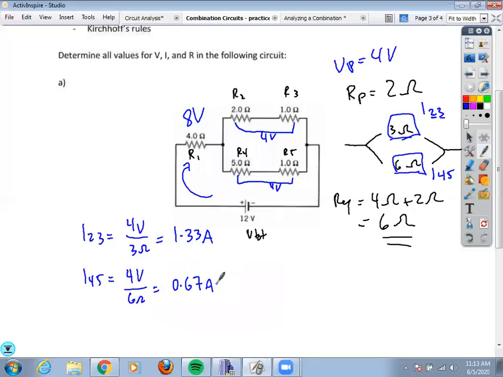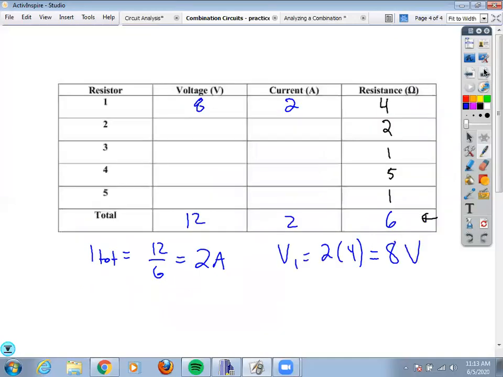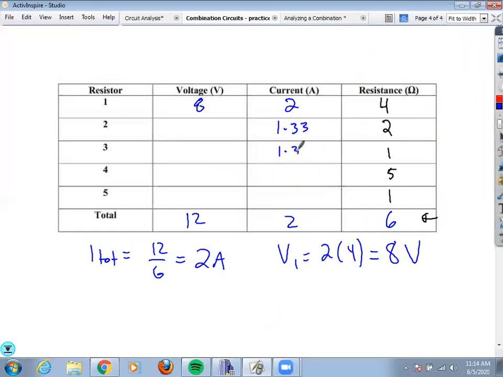So now we can fill that in. The current through 2 and through 3 is 1.33, and through 4 and 5 is 0.67. And we only add it once, so 1.33 plus 0.67 does equal 2. Now we can go back and use Ohm's law to find the voltage for resistors 2, 3, 4, and 5.